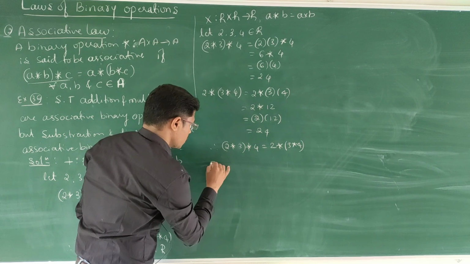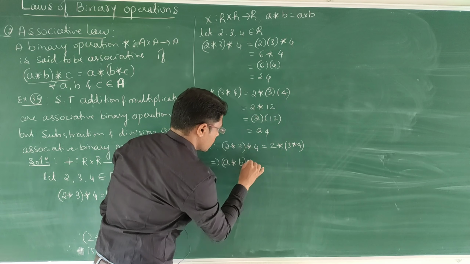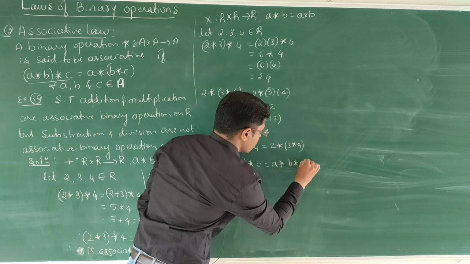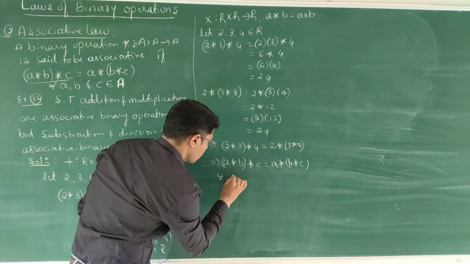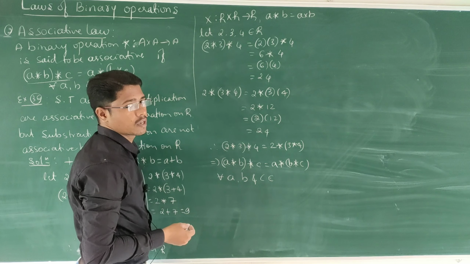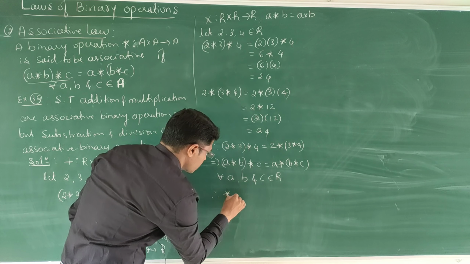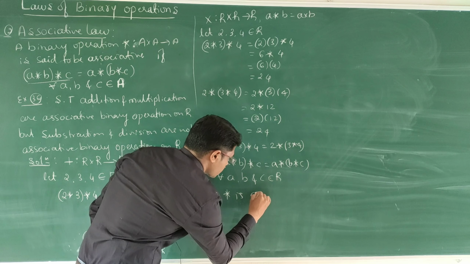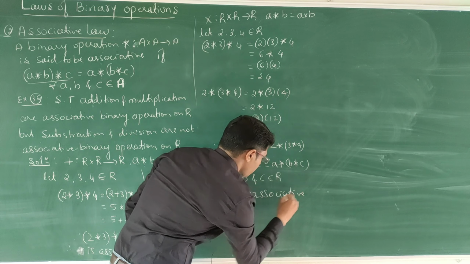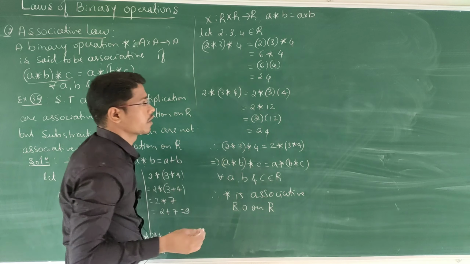So this implies (a star b) star c equals a star (b star c) for all a, b and c belonging to the set of real numbers. Therefore star is an associative binary operation on the set of real numbers.